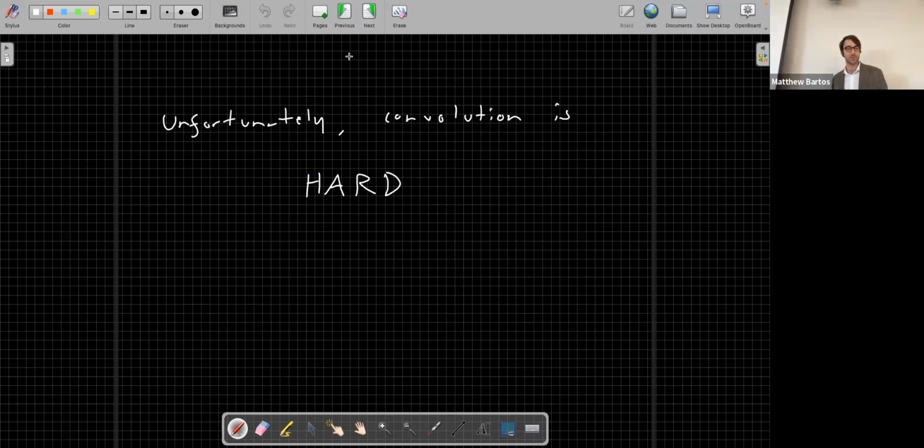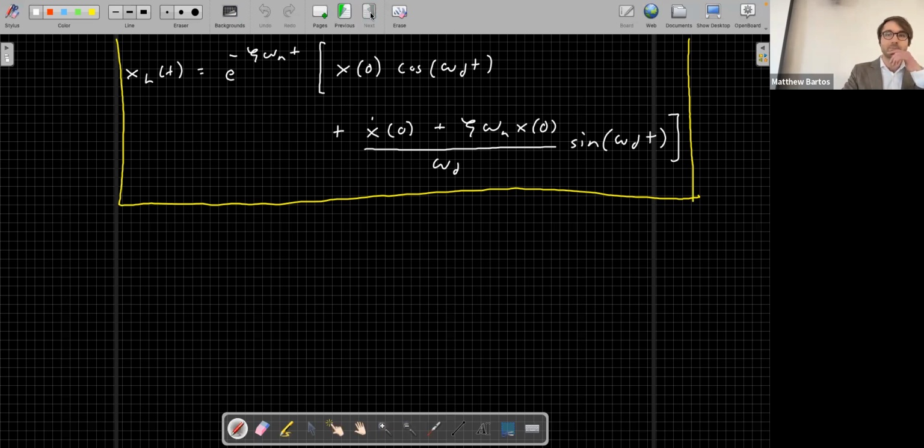Unfortunately, convolution is not always easy to do. So we went through a couple examples in class. I showed you how you could use convolution to compute the particular solution to an RC circuit, and that one wasn't too bad. But in the general case, it's not always going to be easy.